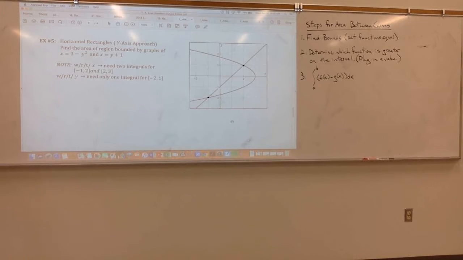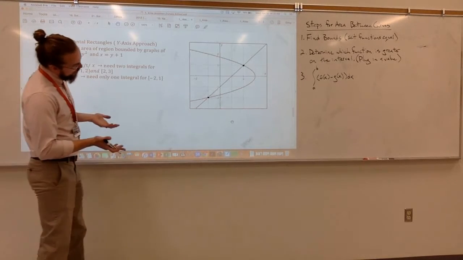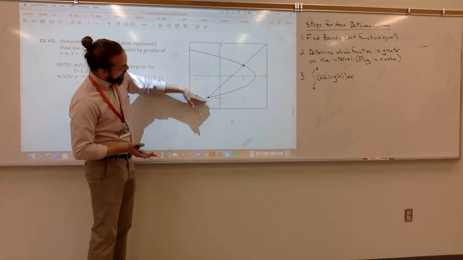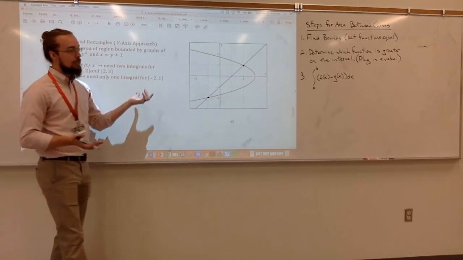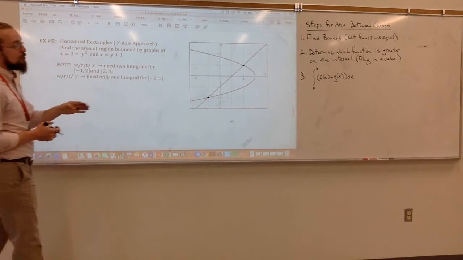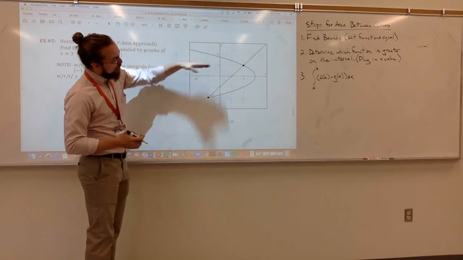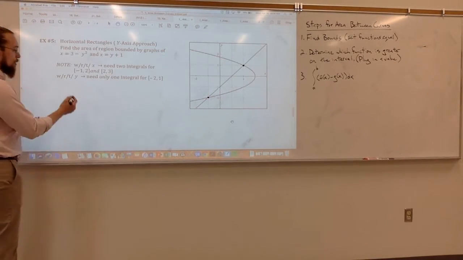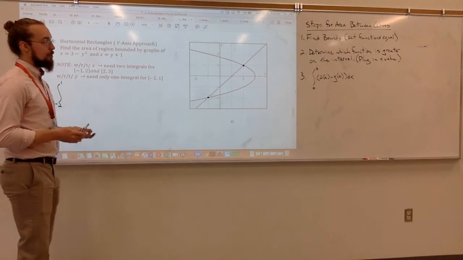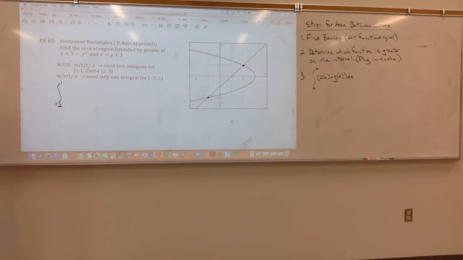I'm looking at this sideways and saying I'm going from here to here, so my y values, and they tell us that. In this problem, we don't actually have to set these equal and solve. They tell us that those y values are -2 to 1. So I know that my bounds are going to be -2 to 1. And again, in this problem, for number 2, determining which function is greater on this interval.